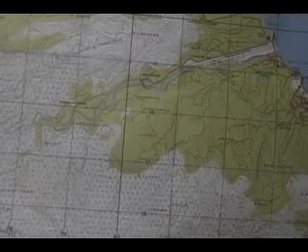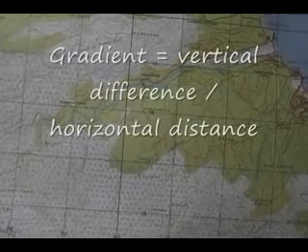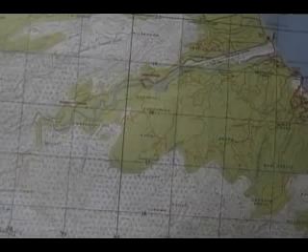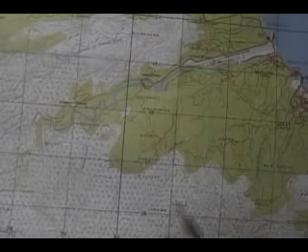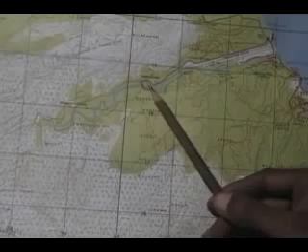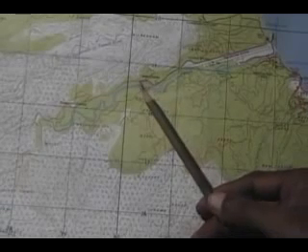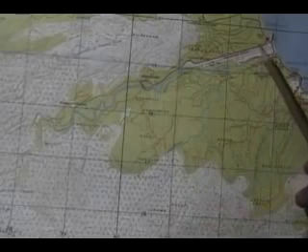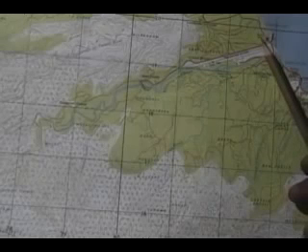We're going to look at the question for 2012, part 5 of question 1, which says to calculate the gradient of the road which travels from the bridge at the Cocoa Estate down to the junction by the radio mast.